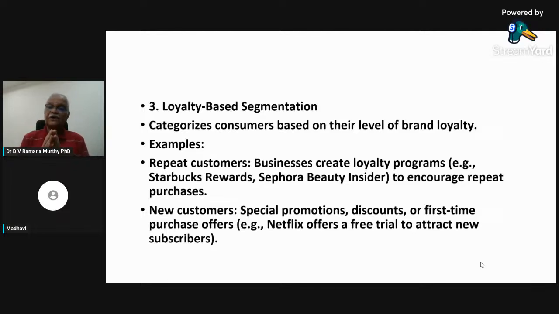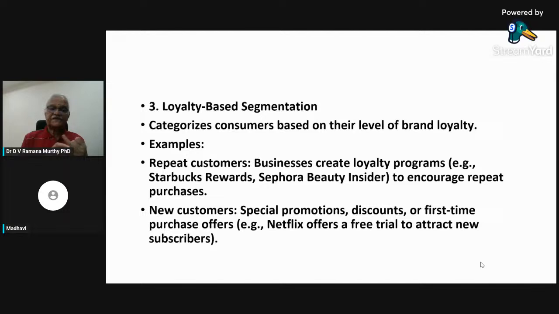Customers who are brand loyal are repeat customers for you, repeat customers that always buy the same type of product. So you classify the customer class in this approach. One is repeat customers. The second one is new customers.